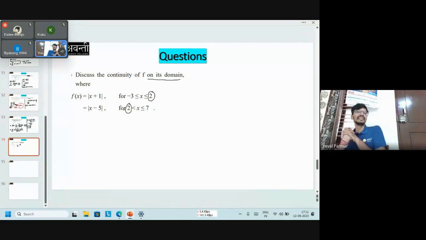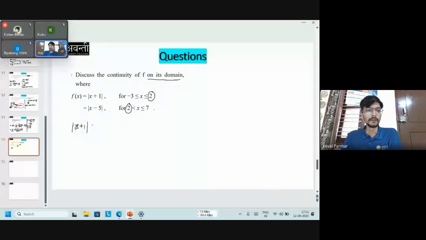So let's try it this way. First, mod of x plus 1 will be equal to x plus 1 if x is greater than or equal to minus 1, and it will be minus of x plus 1 if x is less than minus 1.